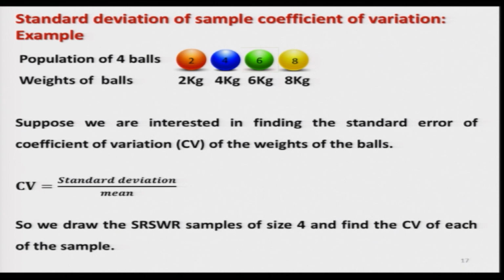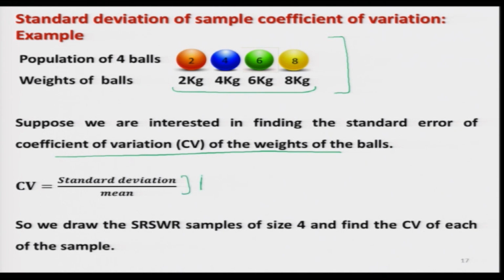Okay, so now let me take a very simple example to illustrate what I have done. Suppose I have the same example which I took earlier in the lecture, that I have here 4 balls of different colors and they have different weights, 2 kg, 4 kg, 6 kg and 8 kg, and suppose we are interested in finding the standard error of the coefficient of variation of the weights of these balls. The coefficient of variation is defined as the standard deviation divided by the mean.